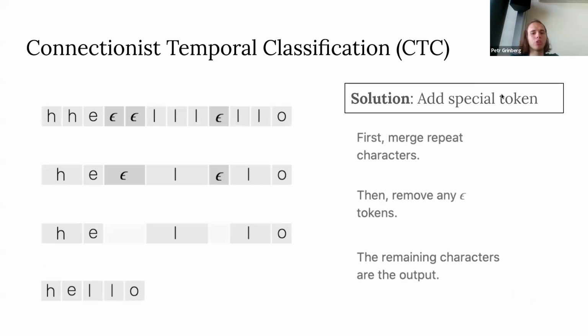We add a special token, which separates the letters. Our output now may look like this: HH, E, special token, LLL, special token, LLO. Then we merge the consecutive letters which are not separated by this epsilon special token. Now you see that we have two Ls which are separated. Then we just remove this empty token, and now we get hello.